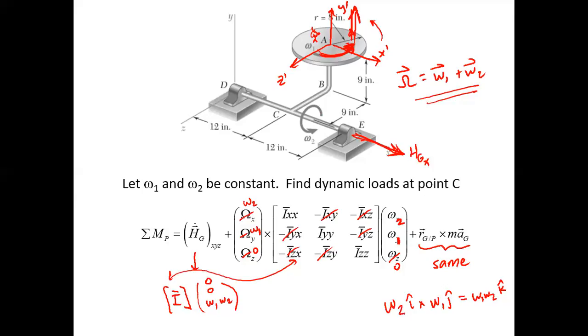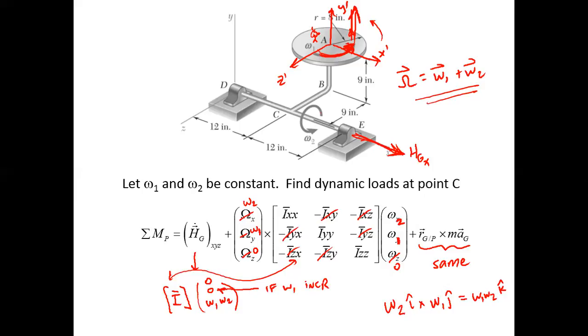Okay, and then the other way that could change is if omega 1 had some sort of change, some sort of angular acceleration, then that term could go in there. So if omega 1 was increasing or decreasing, that term wouldn't be 0.